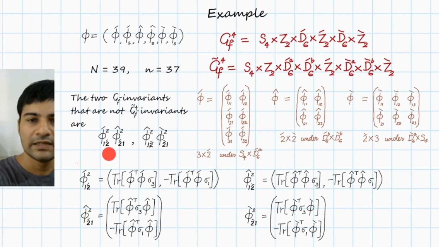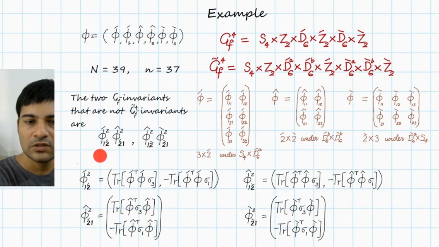However, under this larger group, for this multiplet, the second index doublet is transforming under acute D6A, while the first index, the doublet, is transforming under acute D6B.